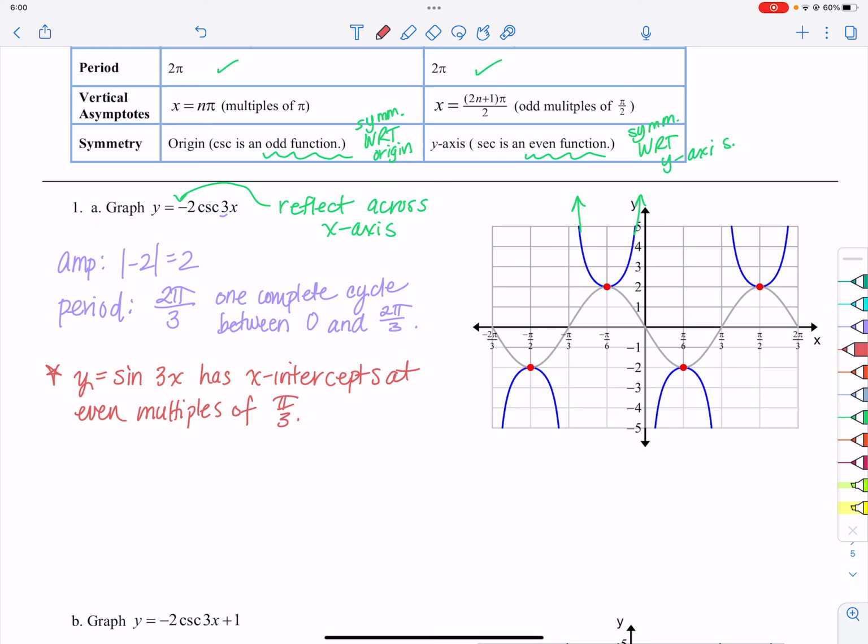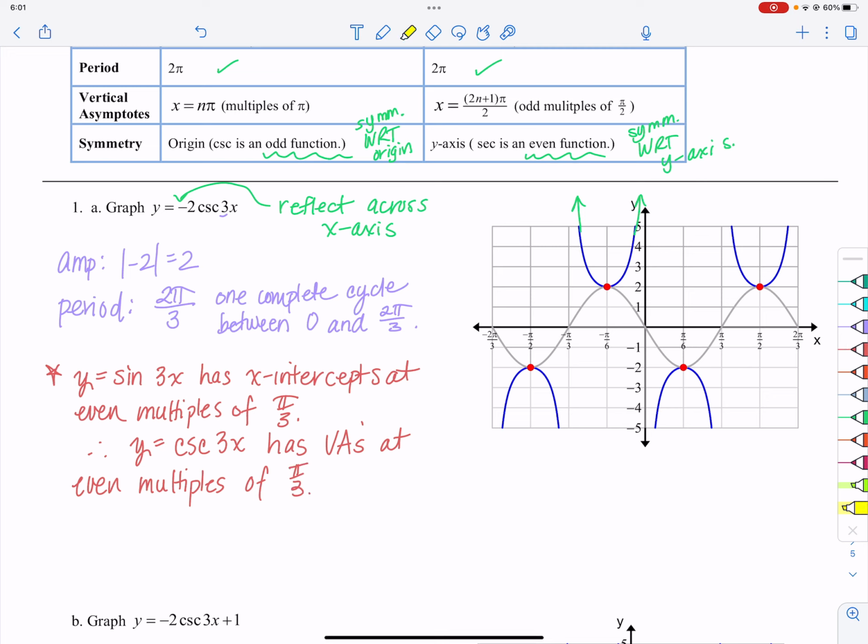So what does that mean we have for the cosecant graph? We have, therefore, y equal to the cosecant of 3x has vertical asymptotes at those same places, at even multiples of pi over 3. Let's go ahead and take a look at those.